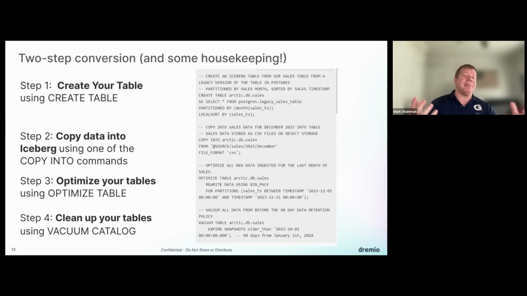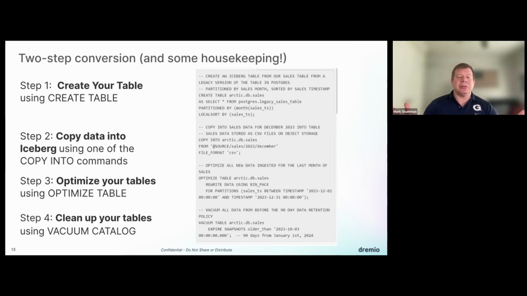So the first step is simply to create a table using your create table format in Dremio. And then the second step is just copying data into Iceberg using the copy into commands. And we have a number of those commands. And then it's just simply to optimize the tables using the optimize table format. And that just makes sure that all the files are in the right size to optimize for performance.